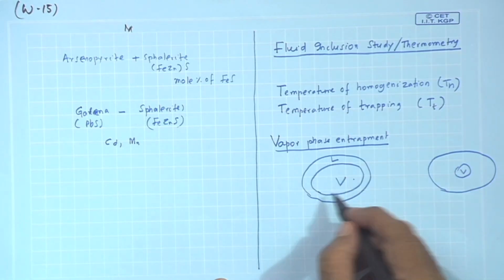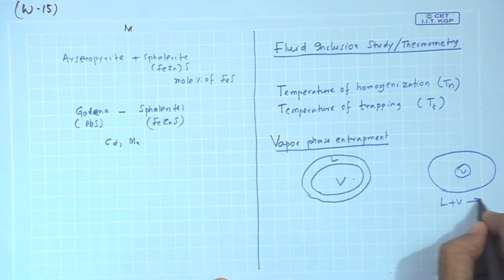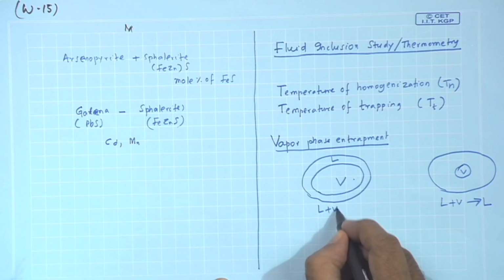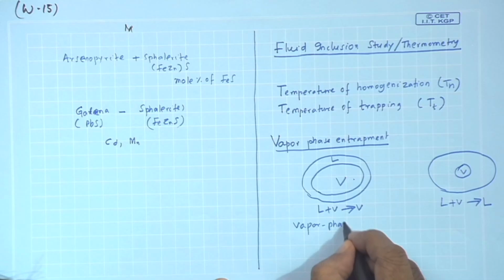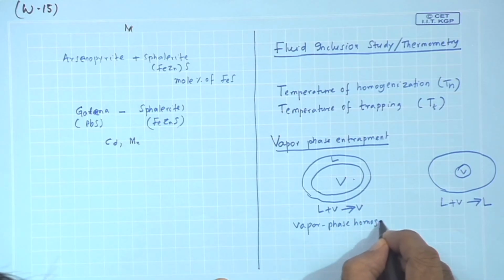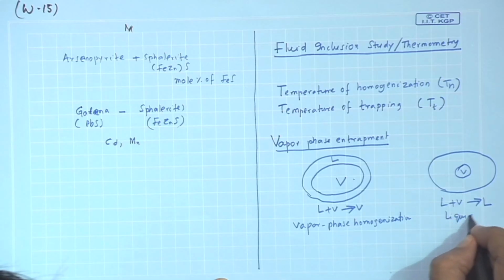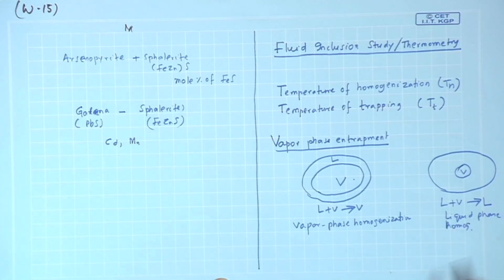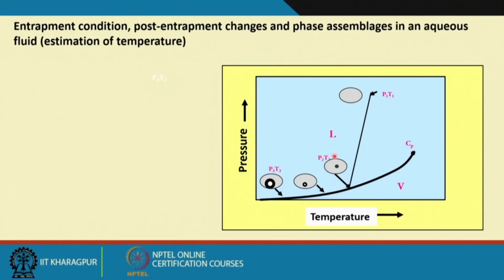So, in such a situation, the homogenization behavior in this case is L plus V to L. In this case it becomes L plus V to V, or we call it vapor phase homogenization. Here it is liquid phase homogenization.